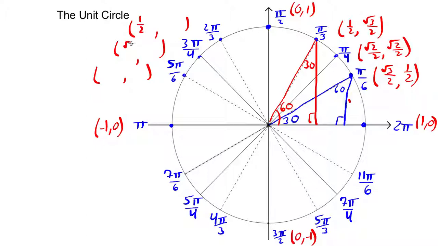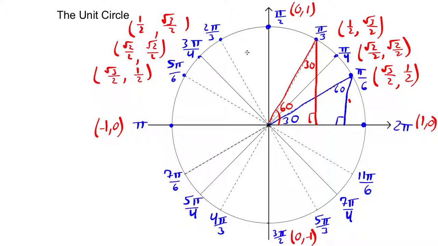The y-coordinates go 1, 2, 3, 0. So they are going to go 3, 2, 1.